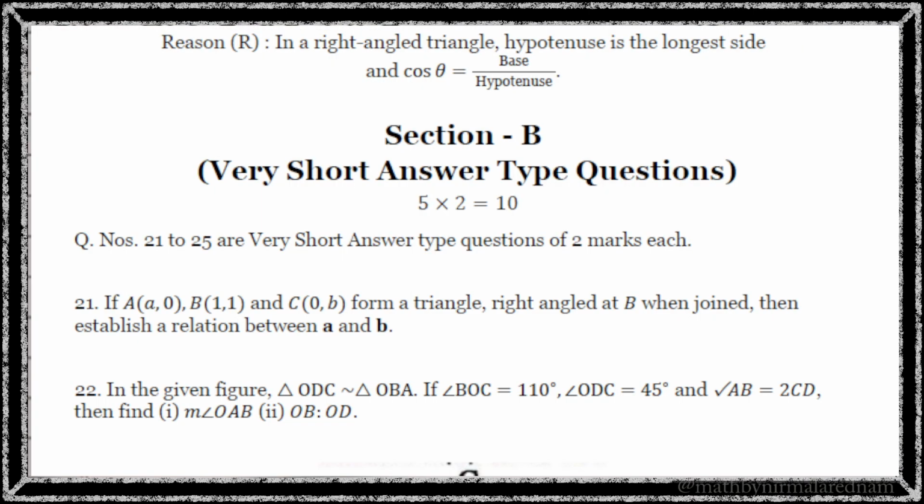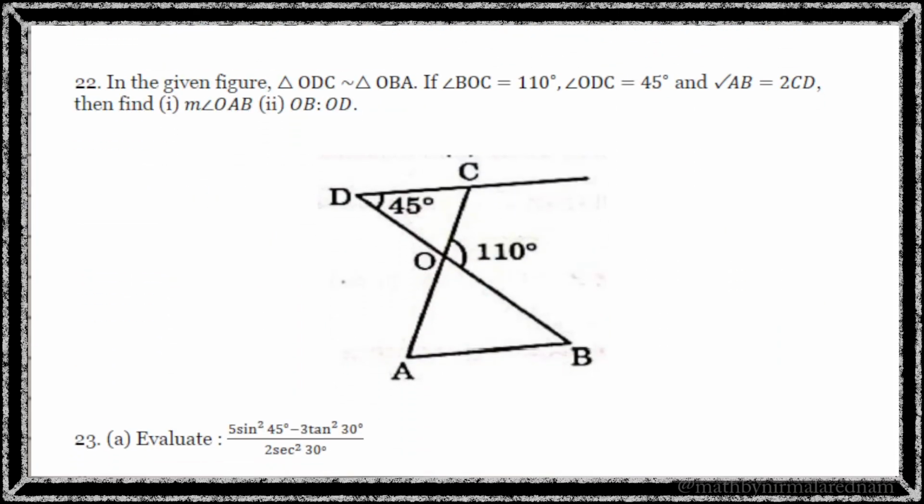Next question, 22nd question. In the given figure, triangle ODC is similar to triangle OBA. If angle BOC is 110 degrees, angle ODC is 45 degrees and AB is equal to 2CD, right?